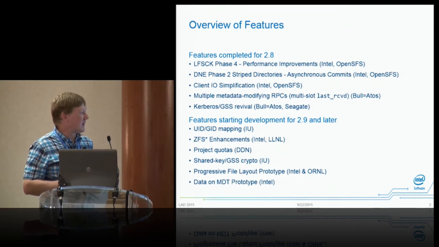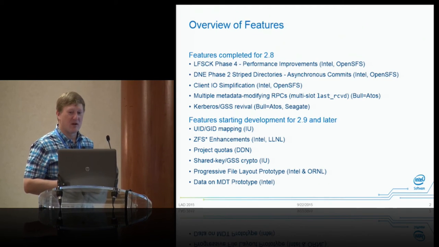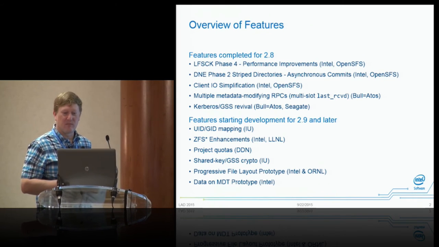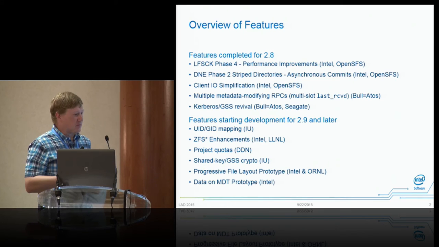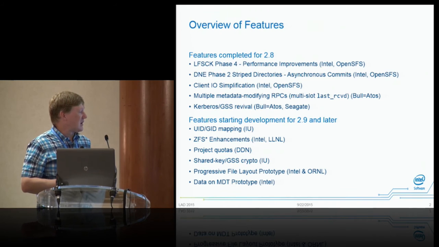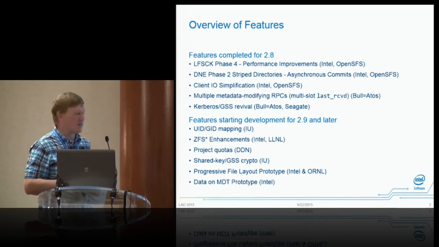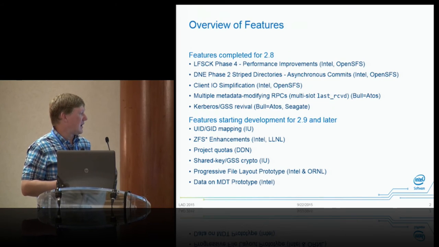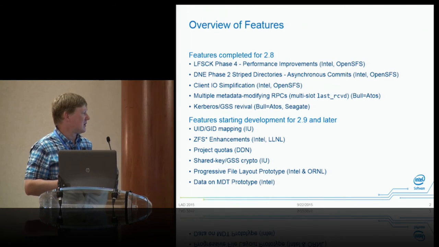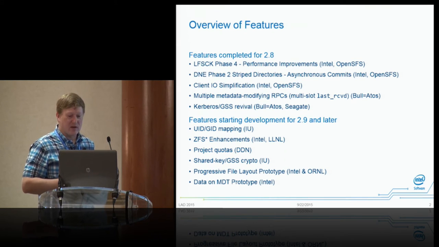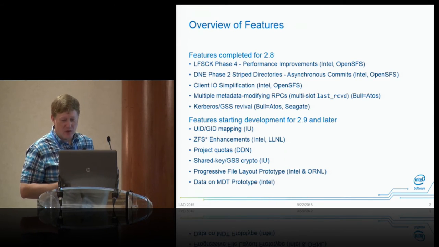There's a number of different organizations working on the features, and I'll mostly focus on the ones that Intel is developing. I'd put in the features from 2.8, but I know Chris covered them a little bit already, so I won't really talk about those ones. The more interesting ones are what's coming up in Lustre 2.9.